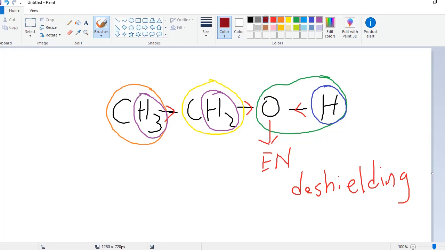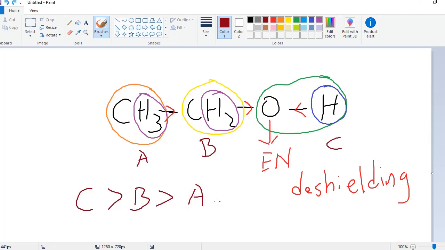Therefore, we'll have three different magnetic environments in ethanol, that is A, B and C. This is because of the de-shielding introduced by the oxygen in case of ethanol. That means the most de-shielded would be the hydroxyl proton, followed by the methylene proton, followed by the methyl proton.